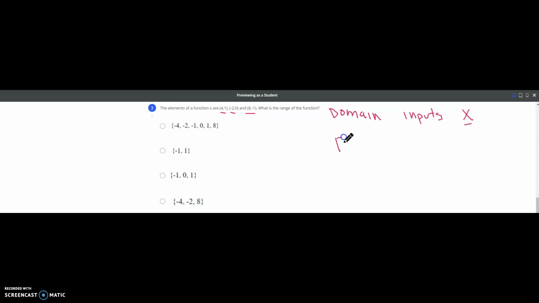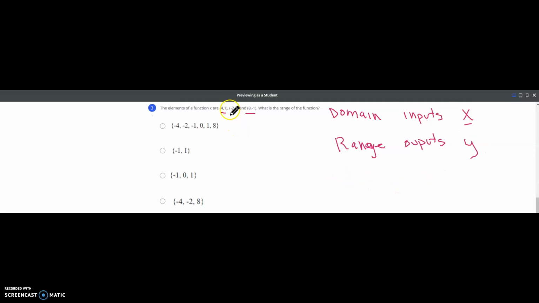You also have range, which is your outputs, and also your y coordinate.